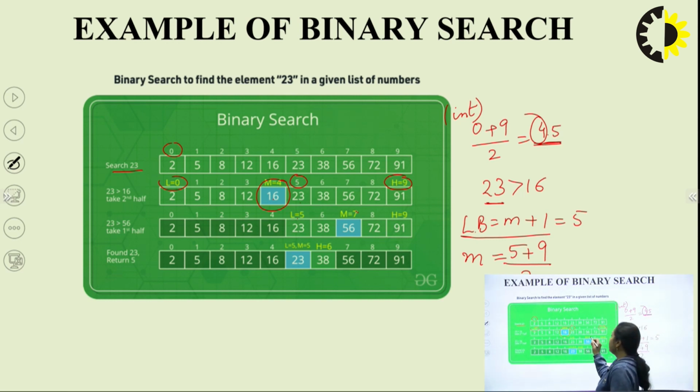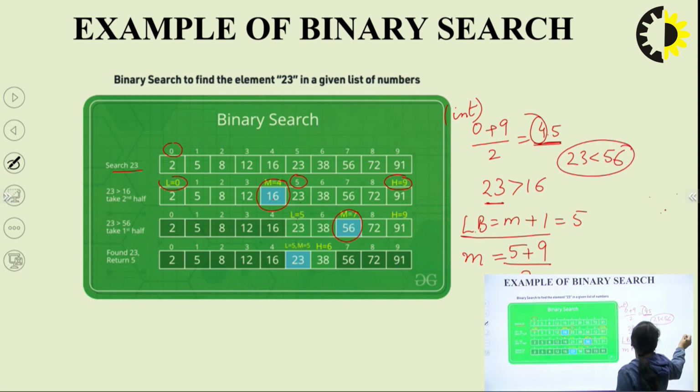So now the middle element is 56. Now compare 23 with 56. When we compare 23 with 56, we can say 23 is less than 56.